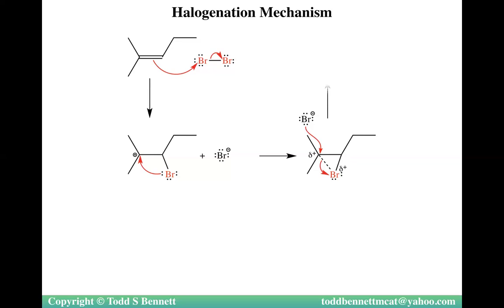Okay, one of the subtleties that I didn't bring up in this mechanism, but it was shown there, is this works best if we have a completely nonpolar aprotic solvent. So carbon tetrachloride is the solvent we use, so that way the bromine has complete control over where that plus charge is distributed. If you do it in a polar protic solvent, as we'll learn, then that solvent can also coordinate the plus charge, and that can create havoc or create a different substitution situation.